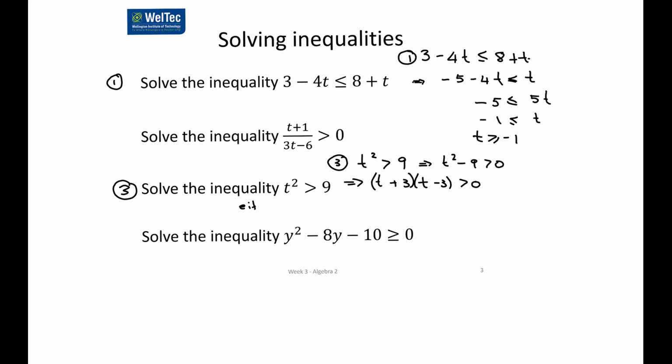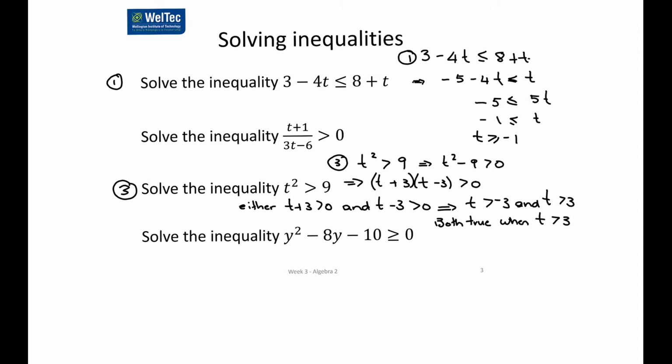So either t plus 3 is greater than 0 and t minus 3 is greater than 0, because that gives us a positive answer. So that gives us that t is greater than negative 3 and t is greater than 3. Now these are both true only when t is greater than 3. So you've got to have them both true.